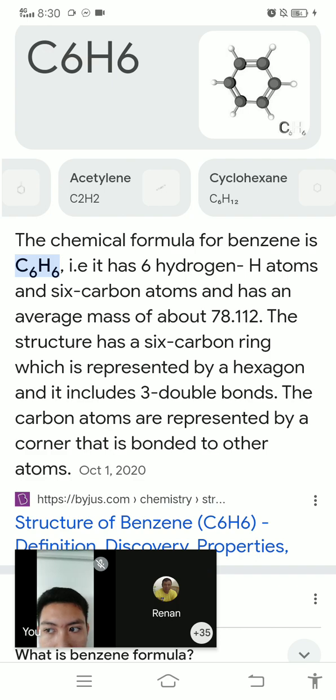Am I correct? Yes, sir. If there is a hexagon and there is a circle or an oblong inside the hexagon, then that is benzene. Okay, so that's one. Just review.